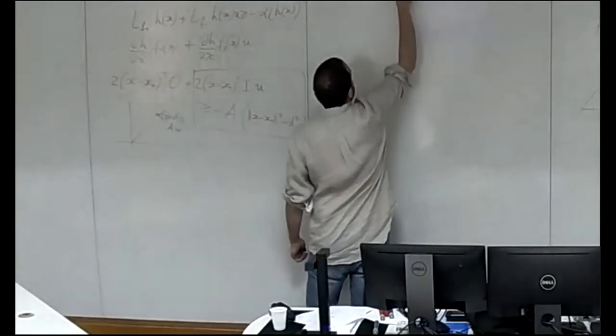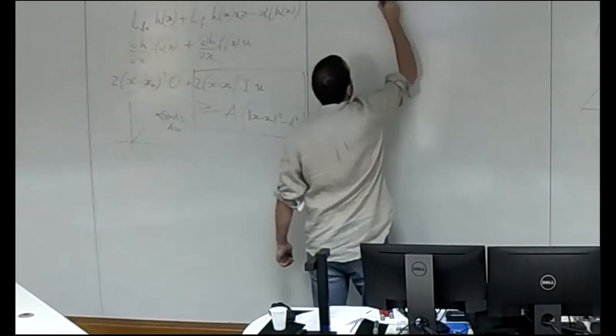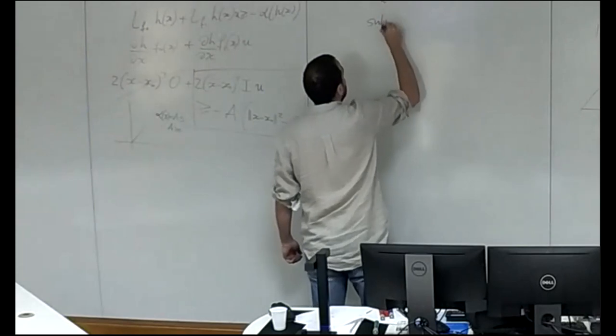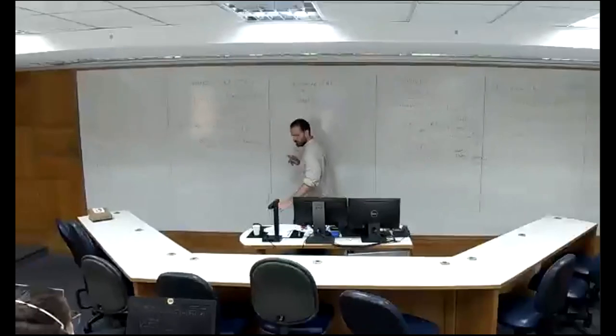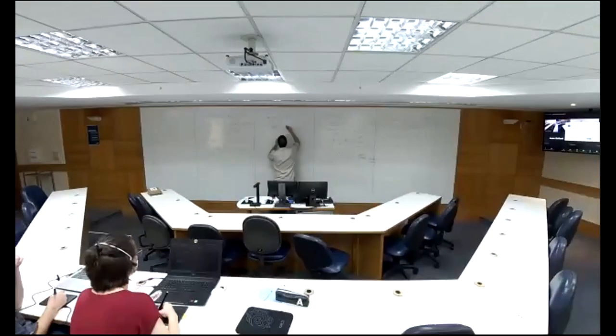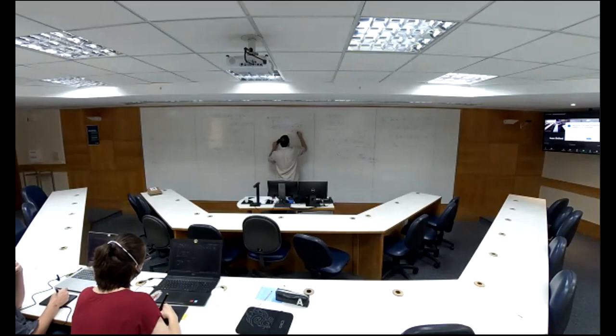Minimize u squared, subject to 2 times (x minus x) whole transpose u greater than minus a times. What is the solution of this optimization problem?